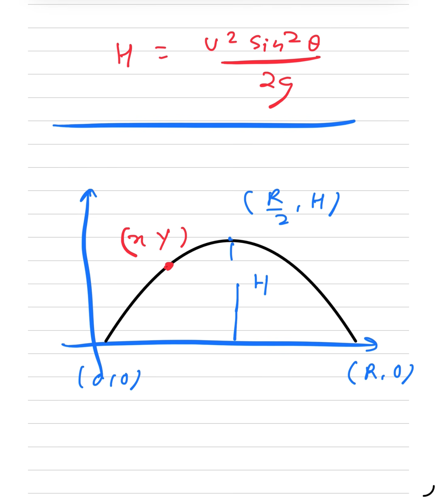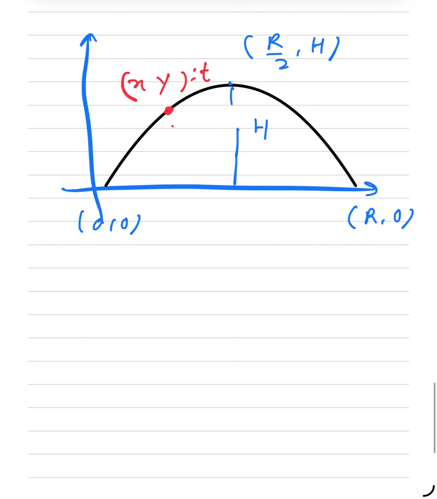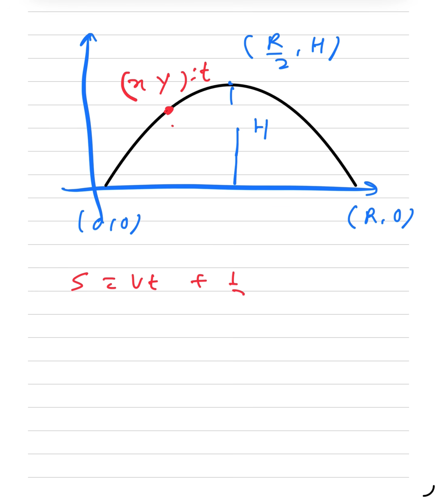If we want to calculate the coordinate at this point, x and y after time t, using the second equation of motion for a very simple explanation. Second equation of motion: s equals ut plus 1 by 2 at square.